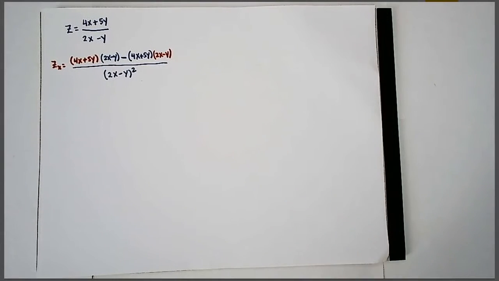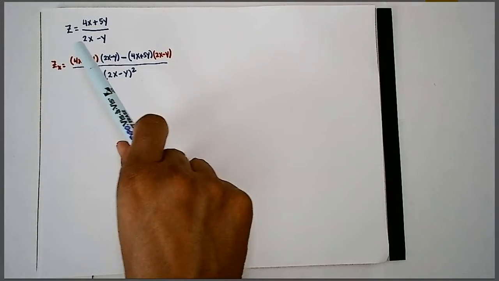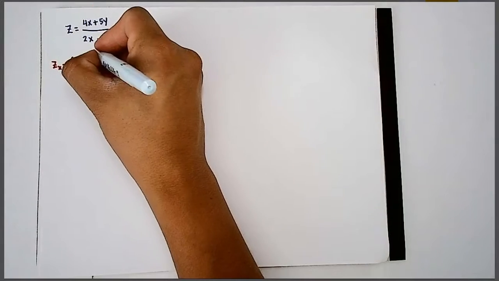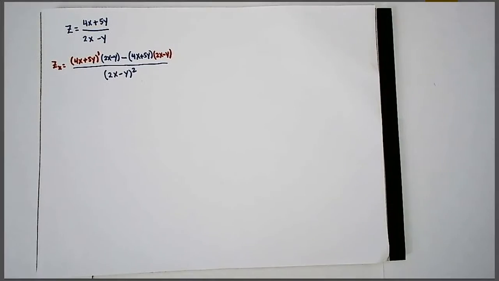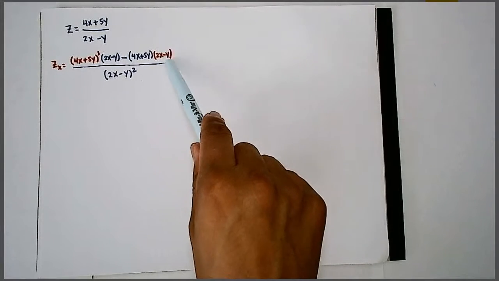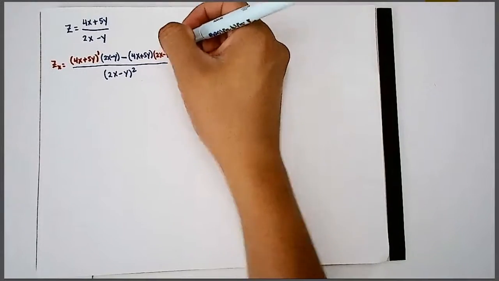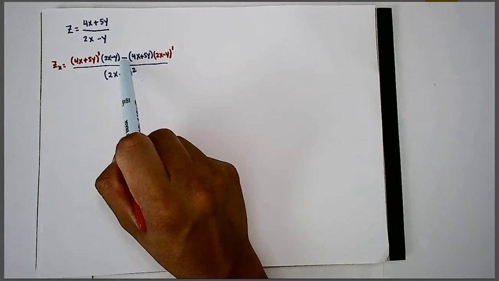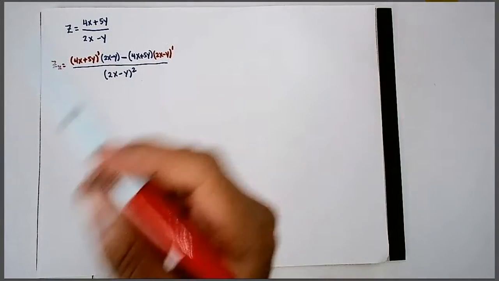And remember, in the quotient rule, we do something similar as we did in the product rule. In the first term, we take the derivative of the first factor. And in the second term, we take the derivative of the second factor. Because this is a quotient rule or a division, the sign in the middle is a negative sign.